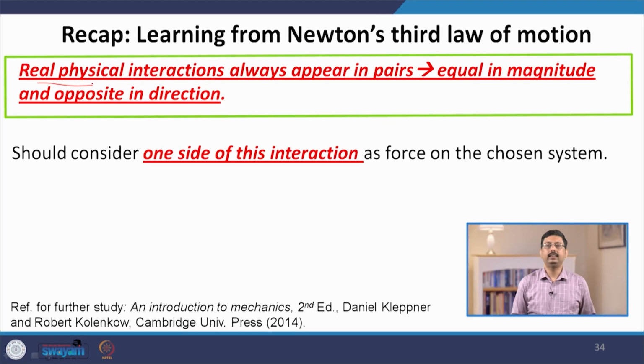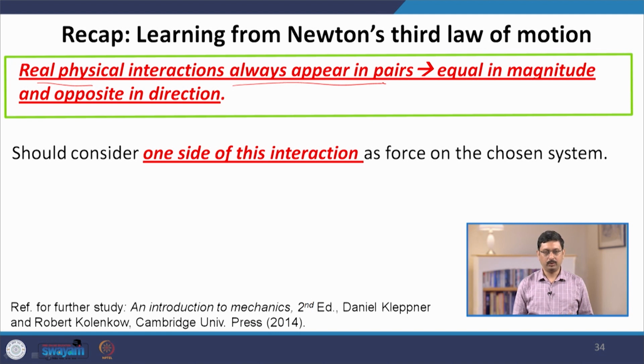The learning from Newton's third law of motion is that it tells us what a real physical interaction is. The hallmark of a real physical interaction is that they always appear in pairs.